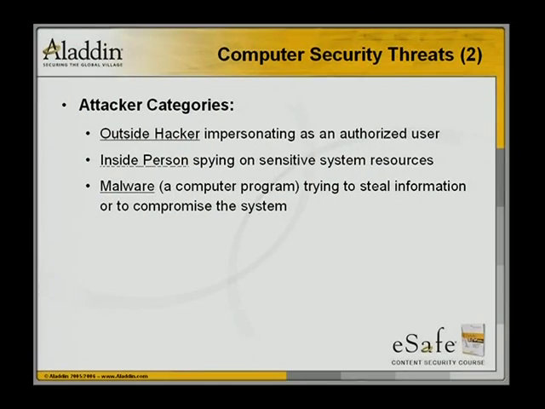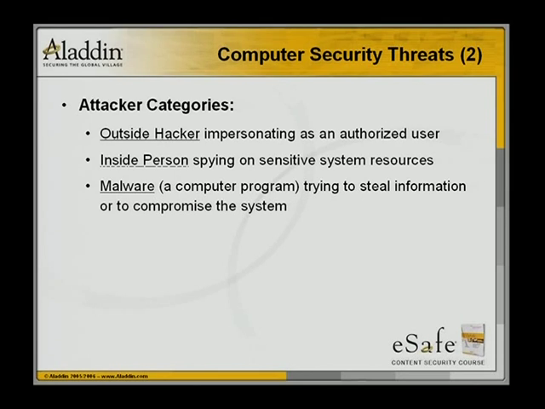Okay, so let's speak a little bit about attacker categories. We have an outsider hacker, which is basically a hacker impersonating as an authorized user. He impersonates himself as if he works for the company and tries to do stuff as if he's a worker, but basically tries to steal information or maybe erase or modify some sensitive information.